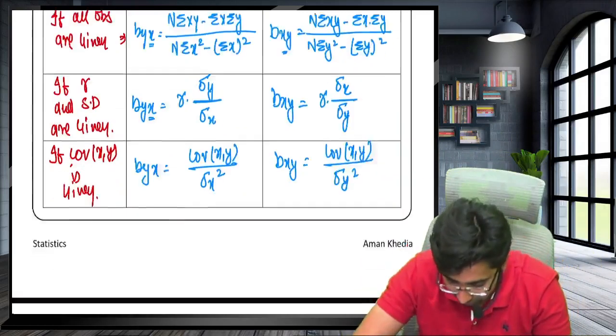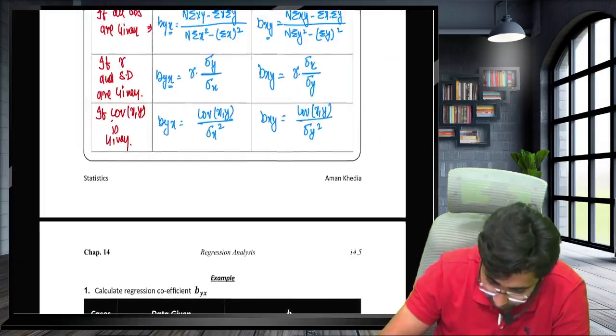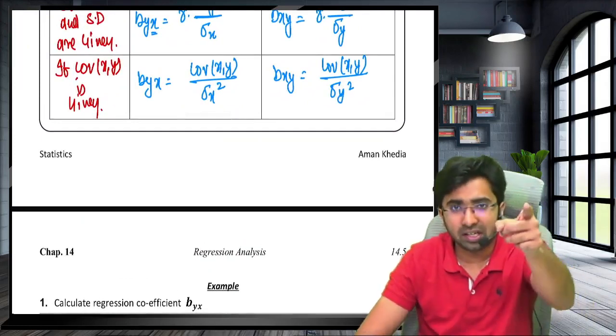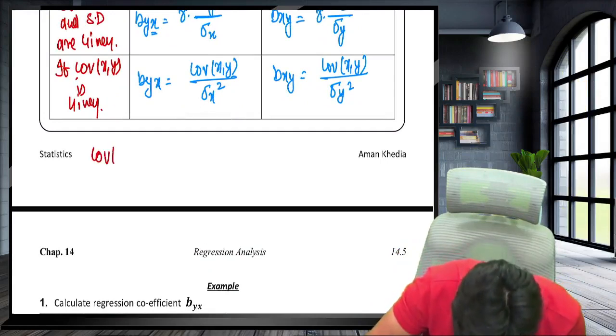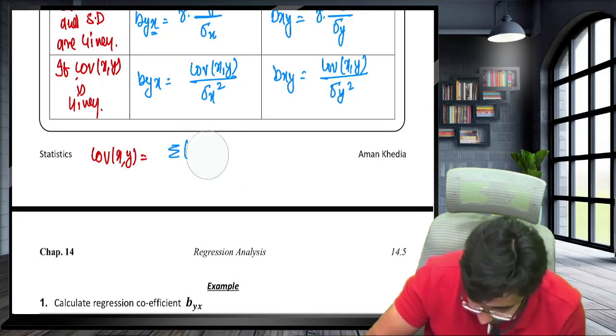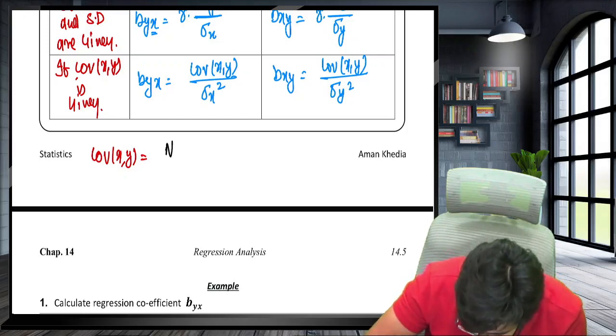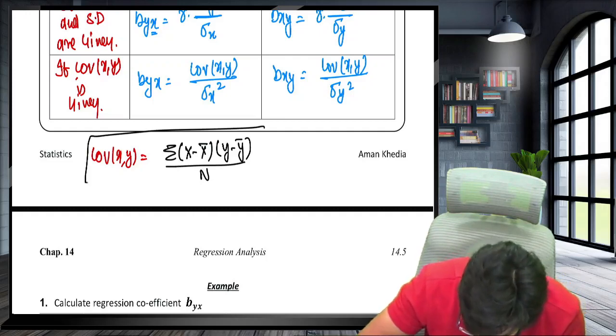Now we will solve all the questions. Write down over here also. We'll study the covariance in detail in measures of dispersion, but write it down here. Covariance between x and y is equal to summation of x minus x bar into y minus y bar, divided by the number of observations n.